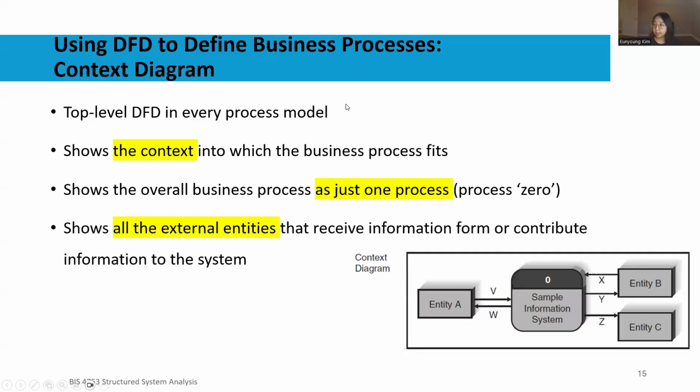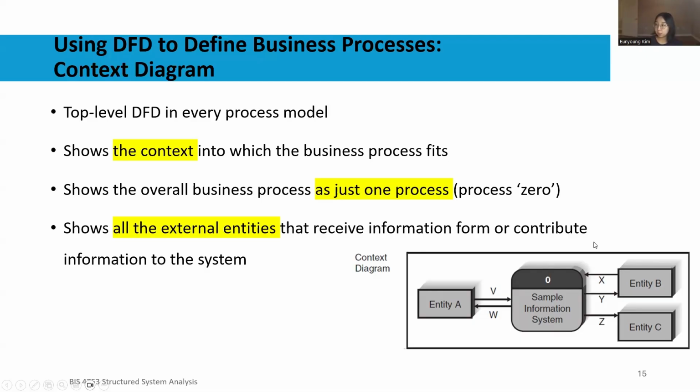Okay, so I think most of them I already covered, so let me quickly review this content. So first of all, when you draw the DFD, you will define the context diagram, which is the highest level of DFD. It will show the context. So who are the users and what will be the main output that entity A can get and what this system is about.